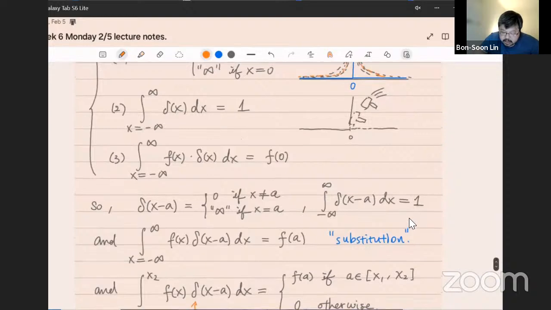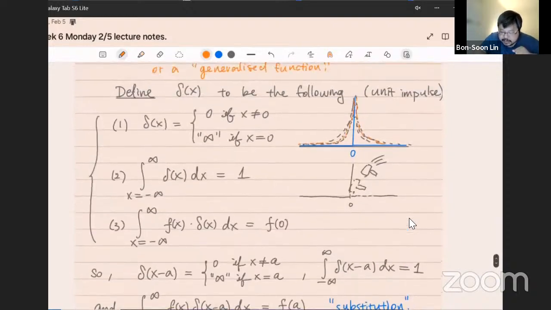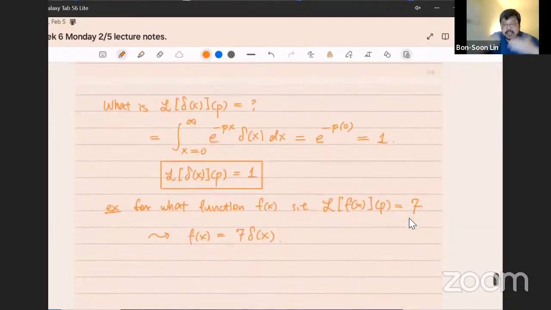Well, delta of x itself is a unit impulse. It is in the sense that at x equal to 0, you inject 1 unit of force. The total area is 1 here. So this hammer is hitting something at this instantaneous moment, injecting 1 unit of stuff into the system. 7 delta of x is just injecting 7 units of force at x equal to 0.